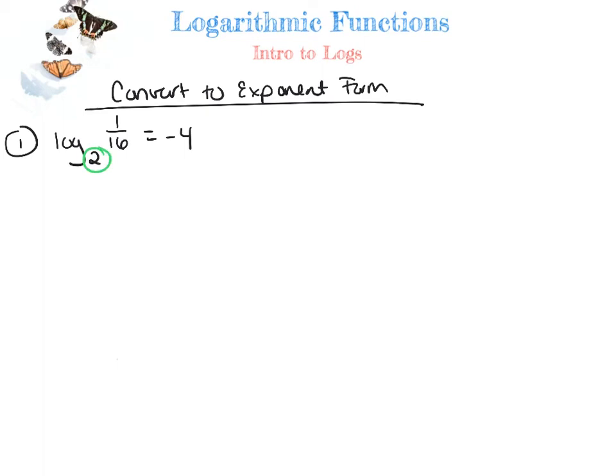So remember, the base under the log is the same as the base under the exponent. And remember that the log itself is equal to the exponent. So if the log is equal to -4, -4 must be the exponent on that 2. So again, we're kind of starting at the base and going around the equals sign. 2 to the -4 exponent equals 1/16.